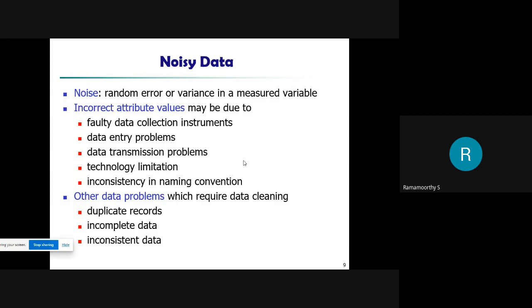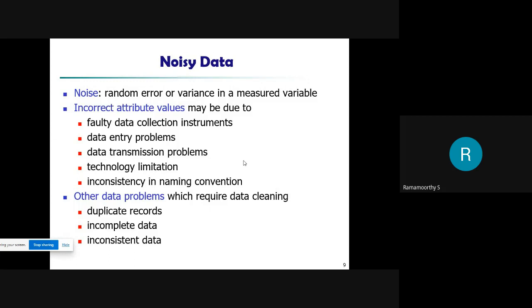So due to the instrument fault, or the human error, or the technology limitation, or inconsistency in the naming convention, anything could be the reason for incorrect attribute values, which is part of the noisy data.